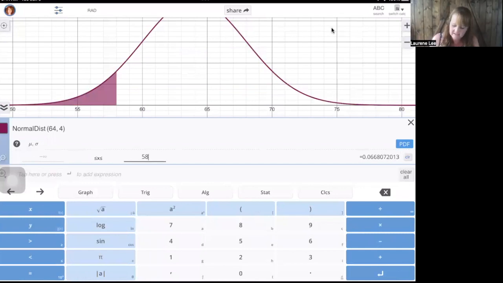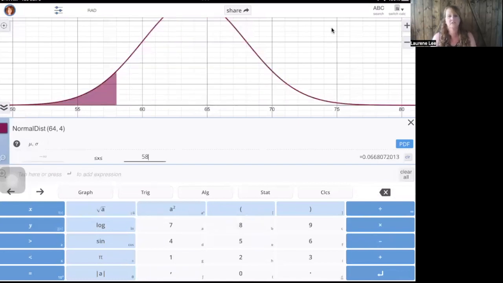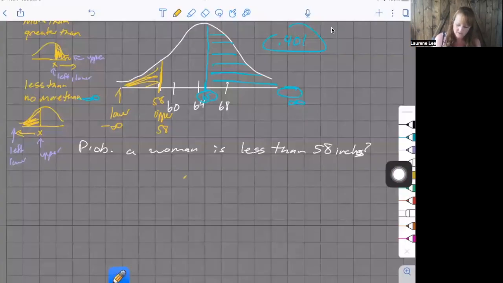Like if you accidentally put the 58 on the wrong side, then you go, oh, wait, that's not how I drew my picture, right? That's a check for yourself. You can almost guess and check with class calc until the picture looks like it's supposed to. So the probability that a woman's less than 58 inches is 0.067. So it's pretty low.